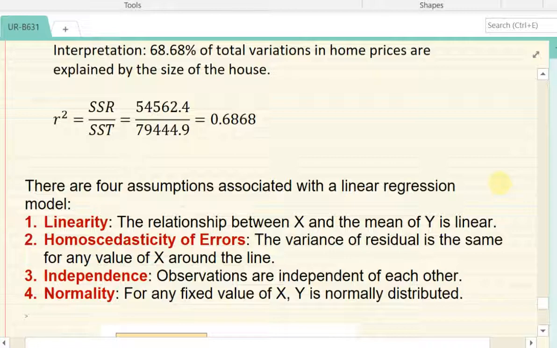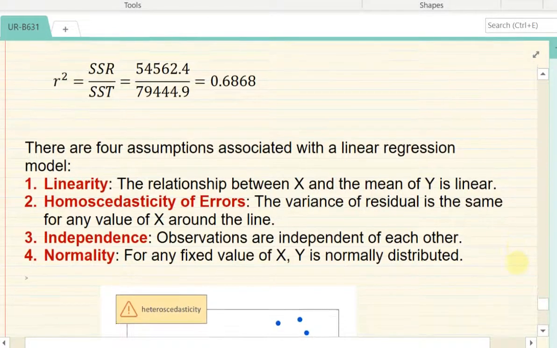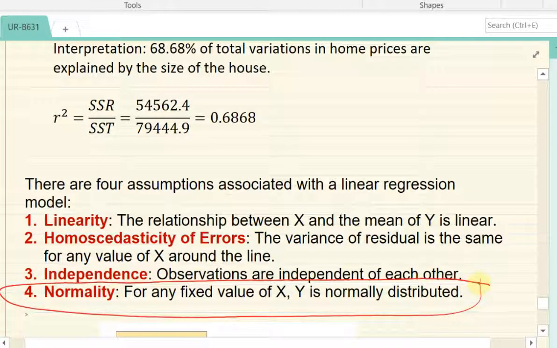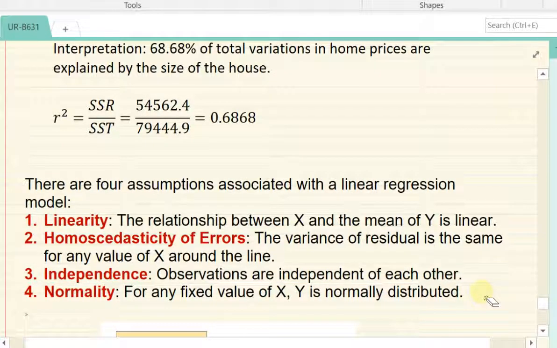I will show you an example in a moment where that is not true. Assumption 3, of course, is independence, that observations are independent of each other. And of course, normality. I will do an illustration of this one also. For any fixed value of x, y is normally distributed. That's a pretty cool assumption and a pretty cool graph to see.